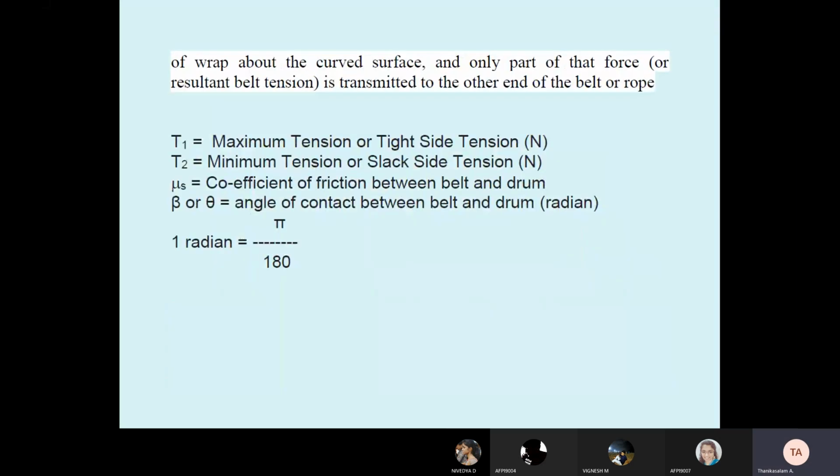Here you have to apply the angle in terms of radians. 1 degree equal to pi by 180 radian. Suppose the angle of contact is given as 60 degrees. You have to convert to radians. How do you convert to radians? Pi by 180 into 60 degrees.